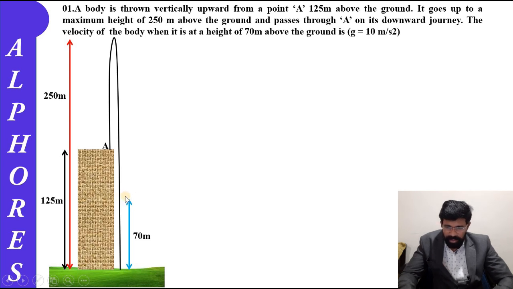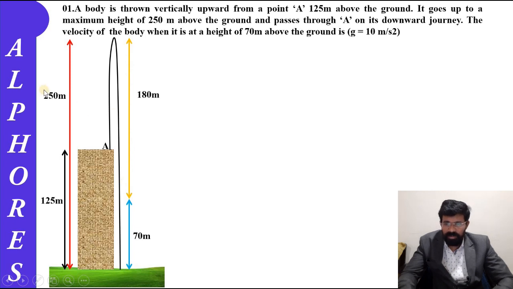Okay, let us try to understand the situation. If this point is at a height of 70 meters above the ground, by the time the body has reached this point from the maximum height position, how much is the distance covered?